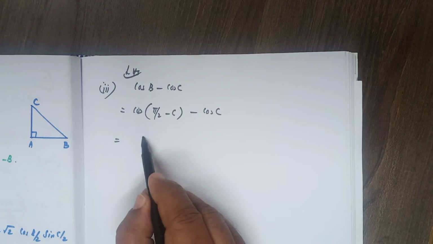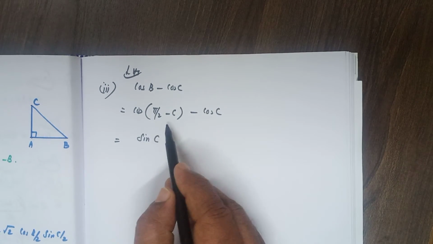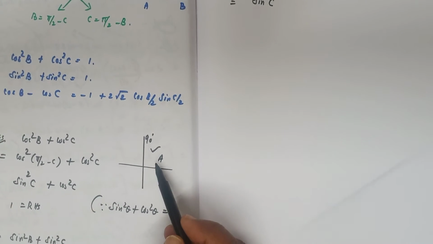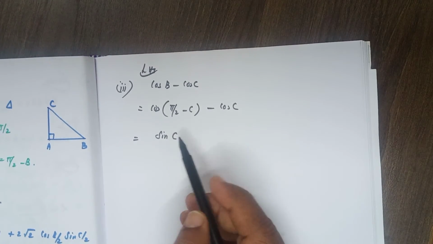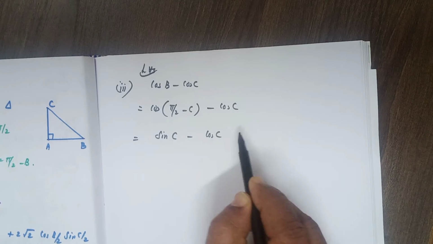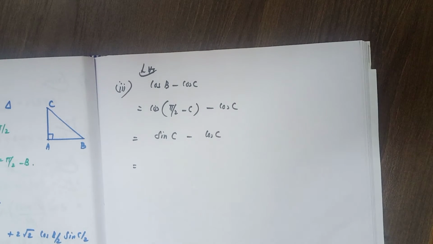For 90 degree, cos becomes sin angle C, 90 minus C lies in the first quadrant, everything is positive, therefore it is also positive, minus cos C equals.